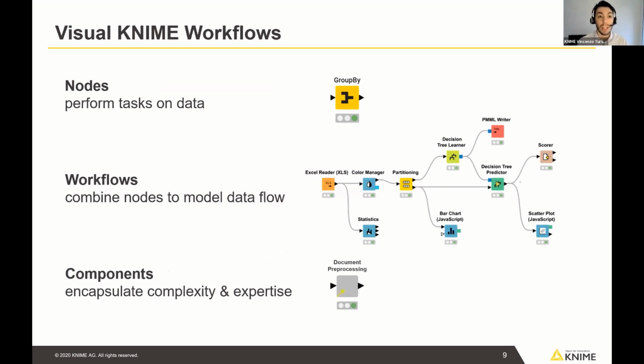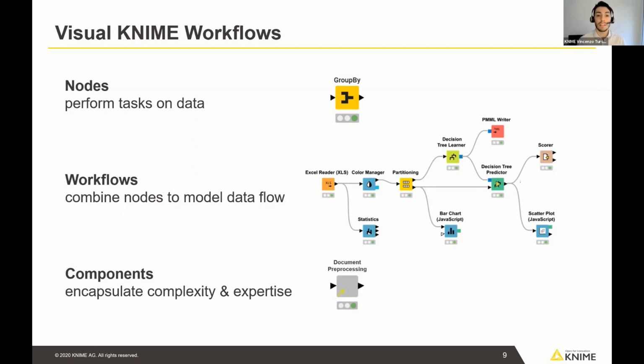Every single node in KNIME Analytics Platform performs a specific task. So for example, the group by node in KNIME will be responsible to perform group by operations under specific conditions that can be configured within the node itself. As you can see, the node also has a status with a traffic light, which means that as soon as you bring your node into the canvas, it won't be ready to be executed.